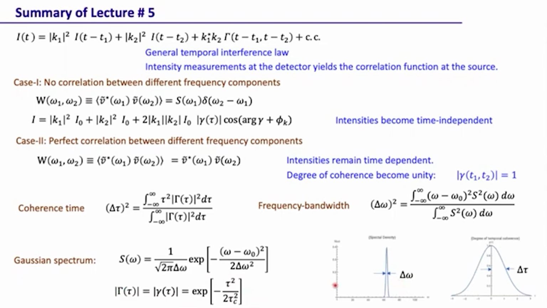Just for visualization, this is the spectral density S(omega), and the corresponding gamma takes this form. The root mean square width of the spectral density is the frequency bandwidth, and that of the degree of temporal coherence function is the coherence time. So these are the concepts we looked at last time.